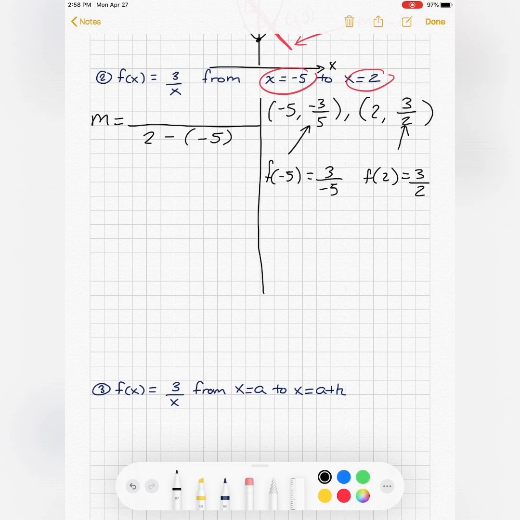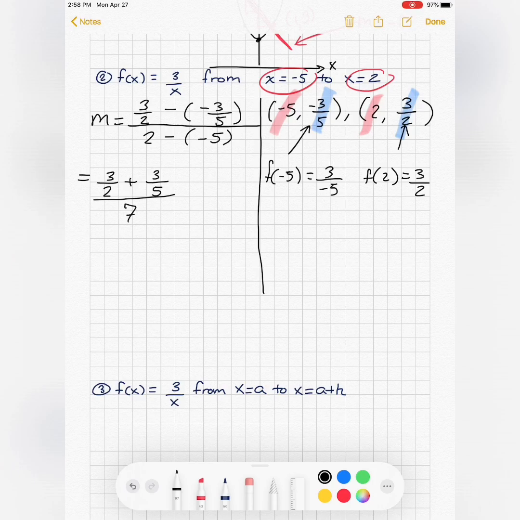So let me fill those in. 3 over 2 minus -3/5. Let me make sure. So here's y2 minus y1, and then x2 minus x1. Then 3/2 plus 3/5, and 2 plus 5 is 7.